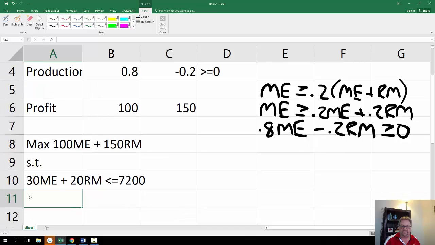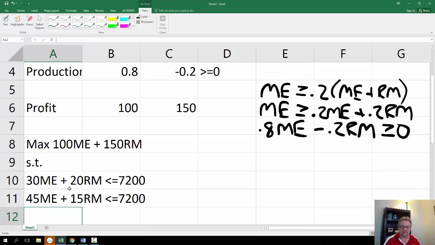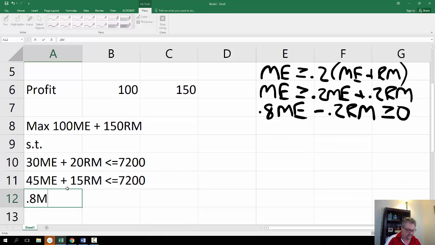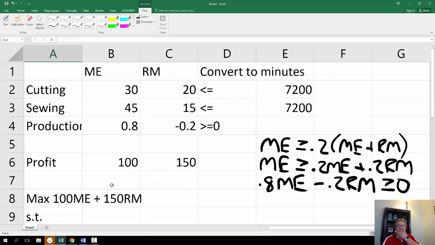And then I have 45 and 15. 45 Mount Everest plus 15 Rocky Mountain less than or equal to 7,200. And then I have that last one, 0.8 Mount Everest minus 0.2 Rocky Mountain. That has to be greater than or equal to 0. Perfect. All right, there we go.